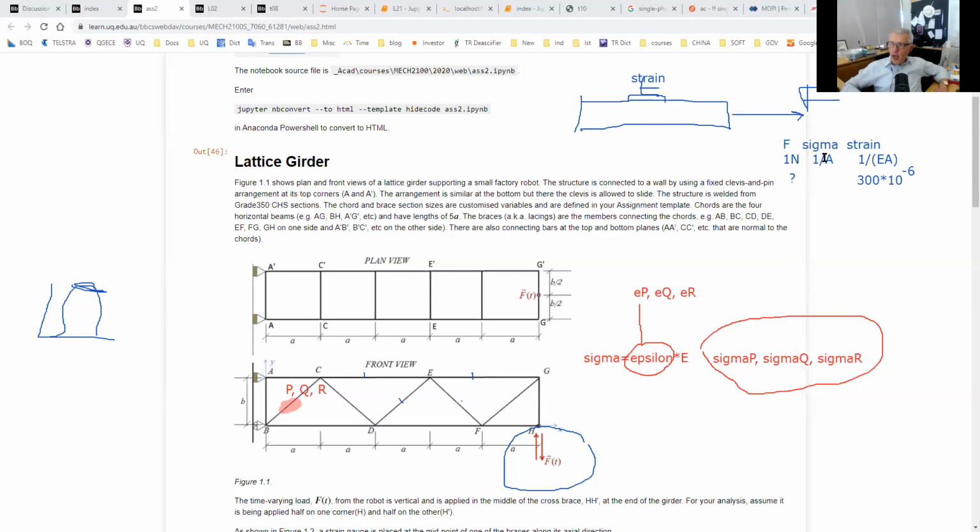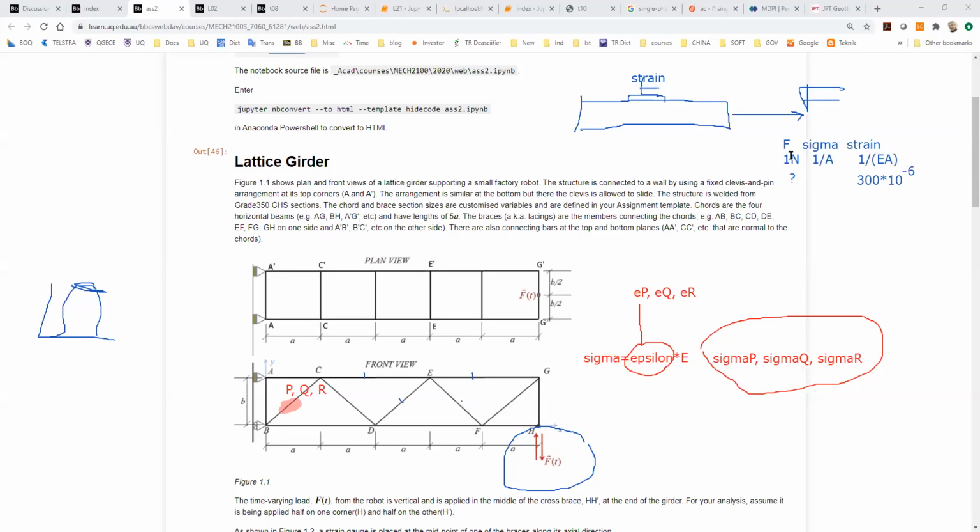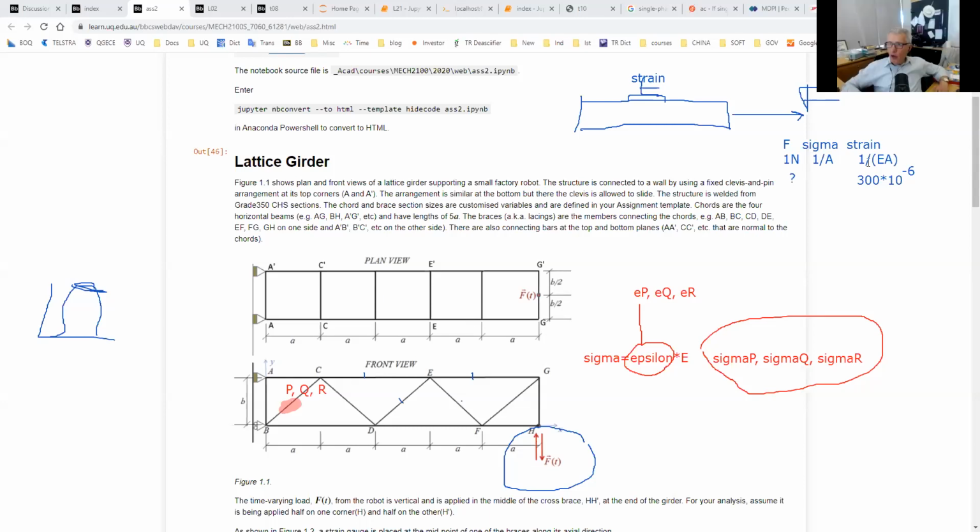Will the value change if I had 8 newtons here? Then 8 over A, that number is going to be carried all over. Now let's say, just to make it simple, let's assume E is 1. This is not the case, but just for the sake of argument, A is 1. You with me so far?